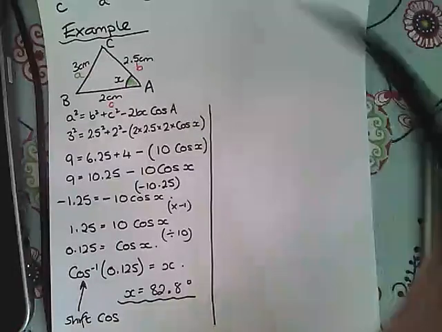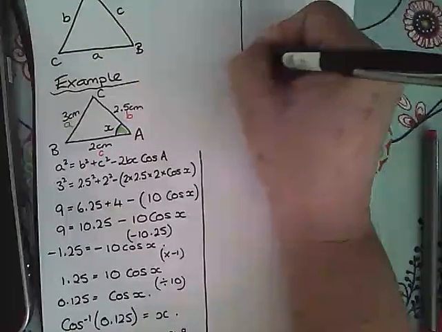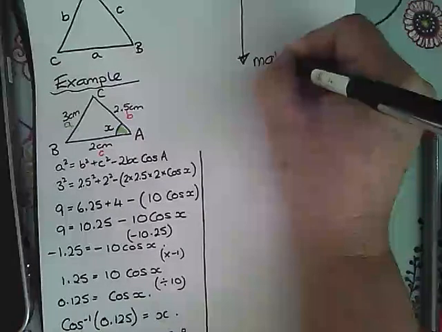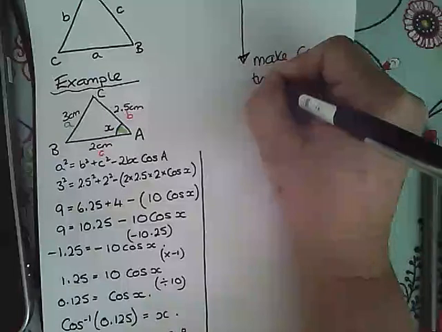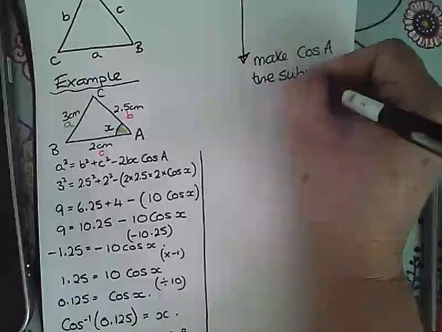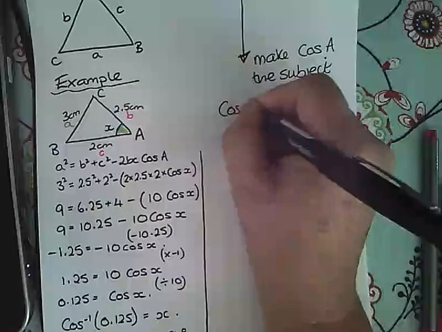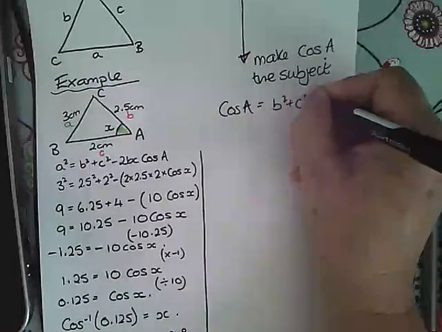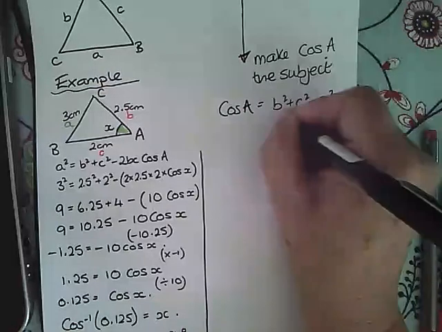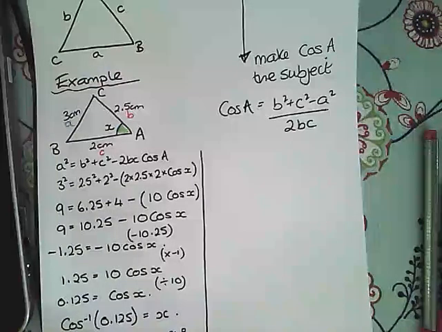Now you can rearrange this formula, and if you rearrange this formula and you make cos A the subject, you would end up with cos A is equal to B squared plus C squared minus A squared all over 2BC.